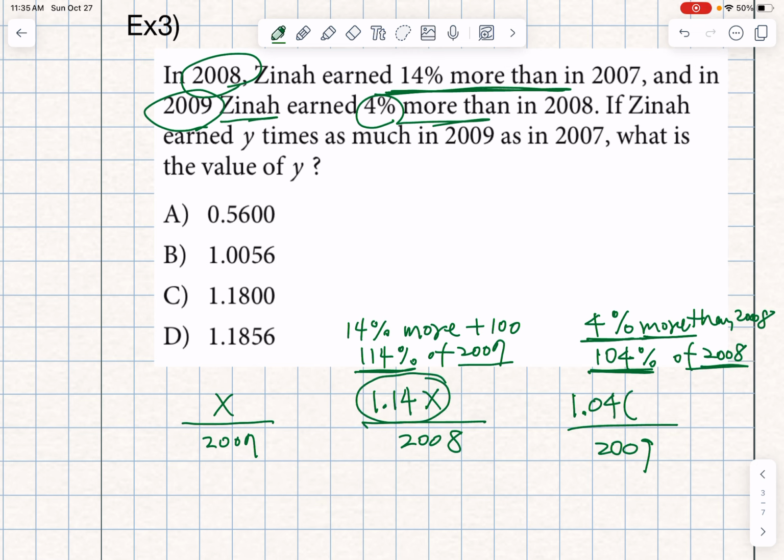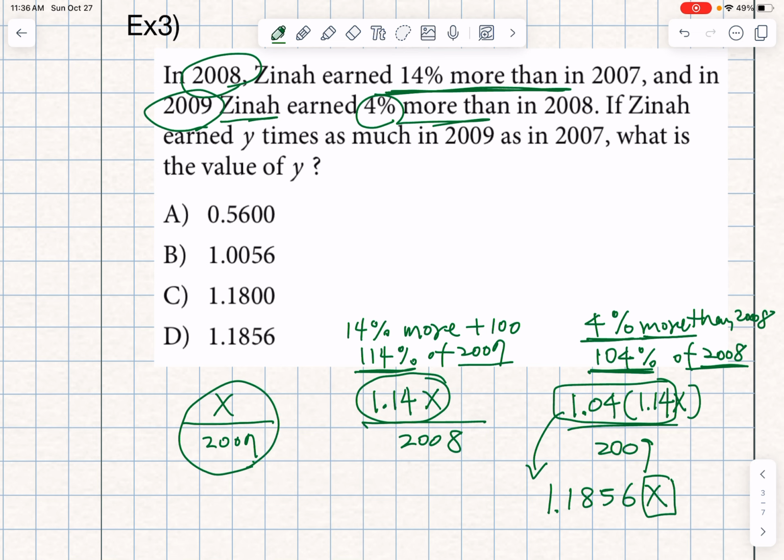So 1.14x. Now multiply this together. There will be 1.1856x. This x represents the amount in 2007. This is the amount that you multiply to the 2007.